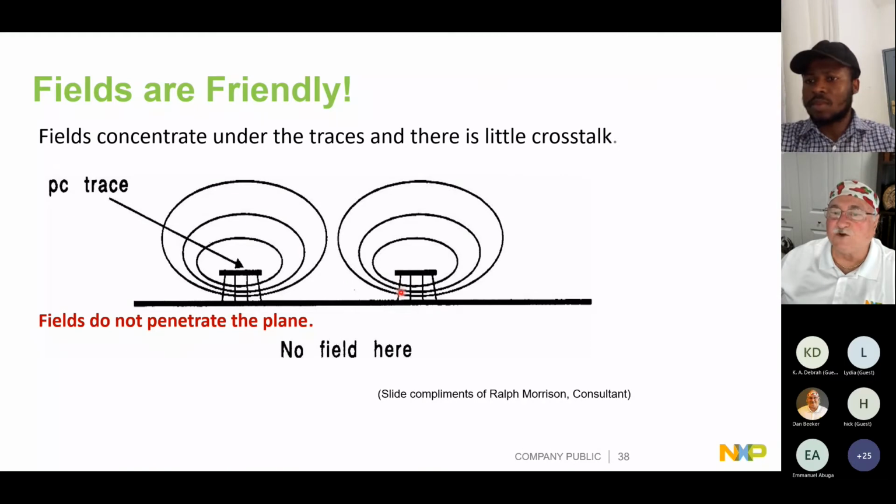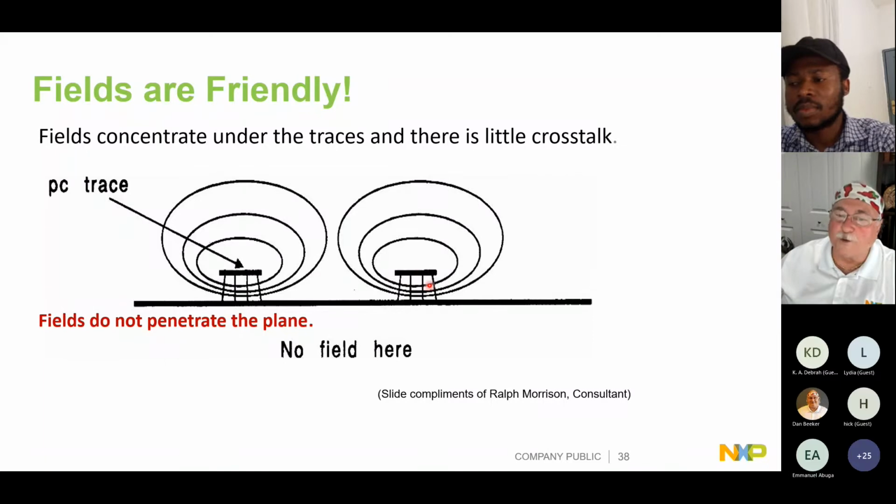So this is where the field wants to be. And that's one of the concepts of impedance. Now, there will be some field between the edges of the foil and these two traces, because that's the law. But because the surface area is very small here versus the surface area on the bottom of the trace, most of the energy will be in this place.